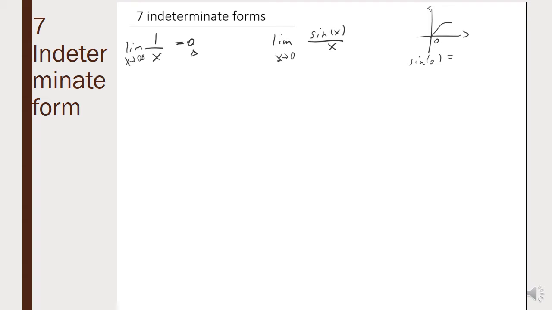Okay, let's look at this on the function graph here. Now we have this function f(x). Okay, so it means if we have a limit here, like this one is called a.